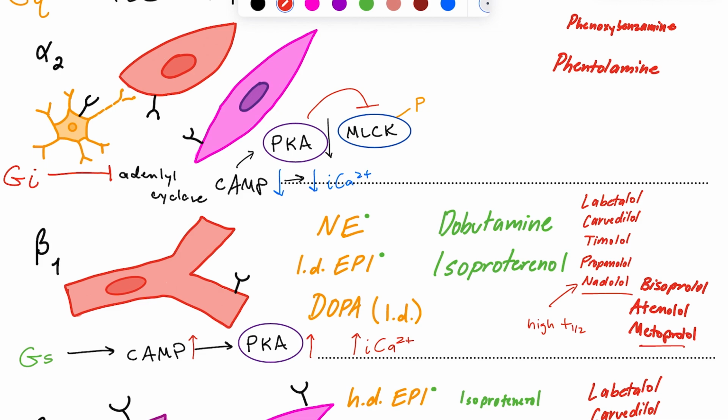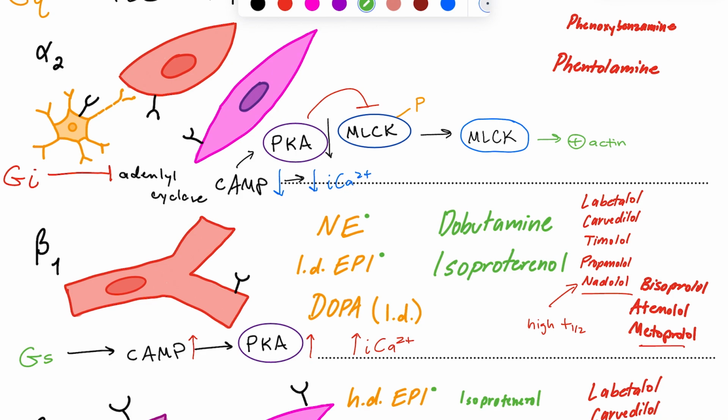Because you're decreasing the phosphorylation of that protein, you're decreasing its inhibition, therefore increasing myosin light chain kinase that's unphosphorylated, which is actually going to activate actin. And therefore, you're going to get increased contraction of those specific smooth muscle cells.